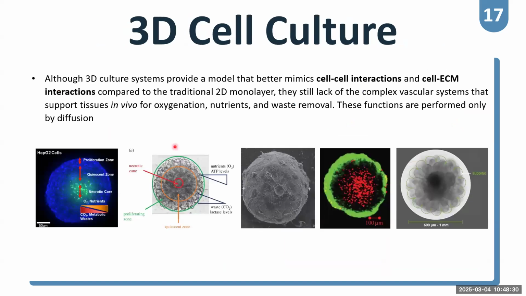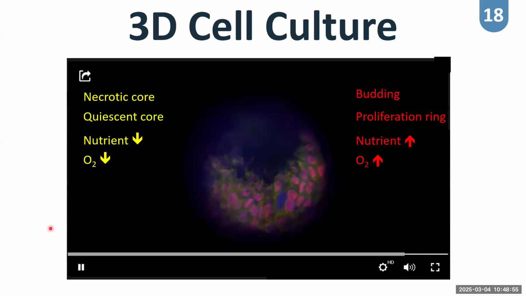Okay, and again, concern about the layers of the 3D structure. We can study all of the layers of the structure, from the outside: the proliferative zone, the quiescent zone, and the necrosis zone. It depends on your experimental design for studying with 3D cell culture.